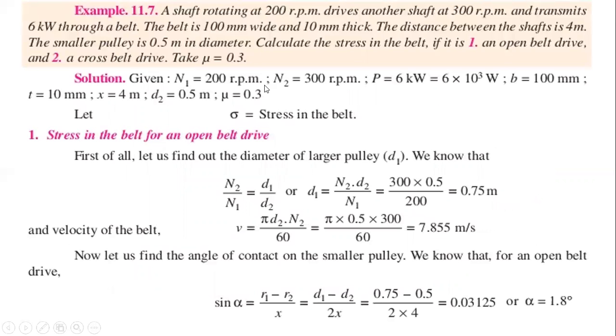So today we are going to solve the problem. This is the first problem. First of all, study the problem and write the input for the given problem, that is the given data.